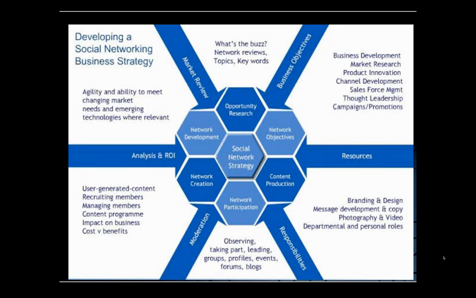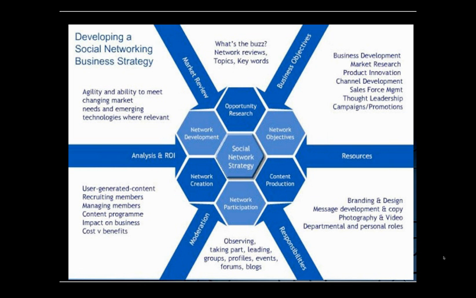So this diagram that I found is helping you to develop a social networking business strategy. You have to have one in order to get started. You have to have social networking in the middle. You have to figure out your opportunities. What are your objectives? The content that you're going to produce and put up. How are you going to participate? How are you going to build a network?